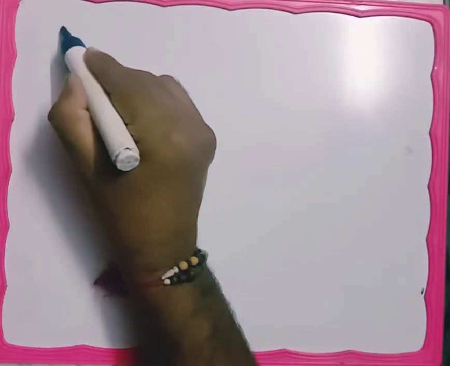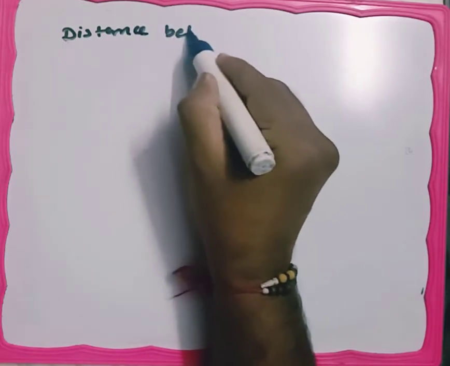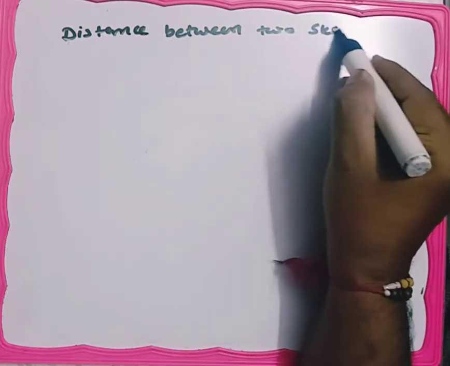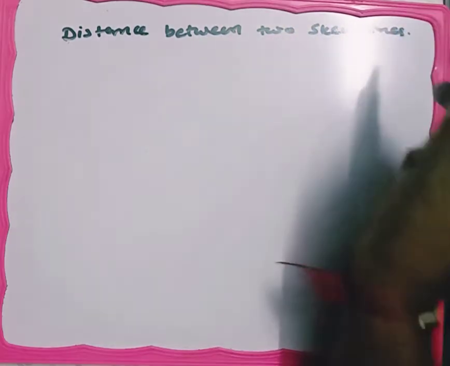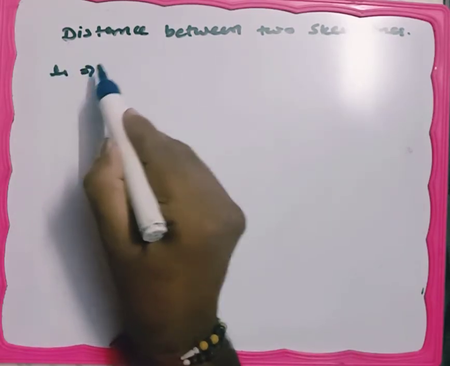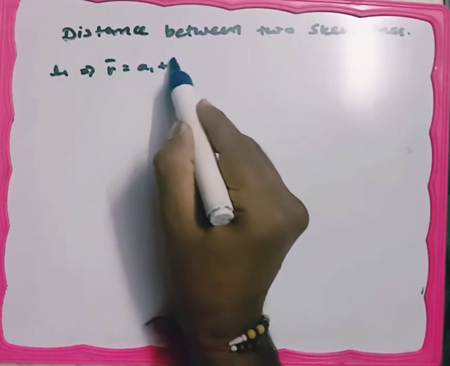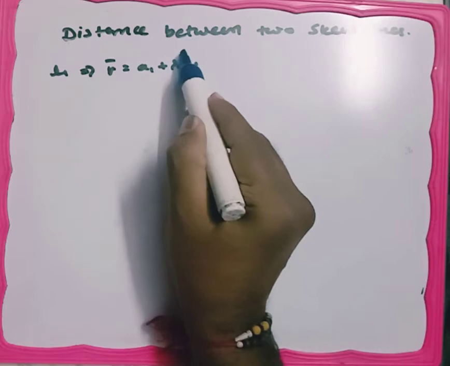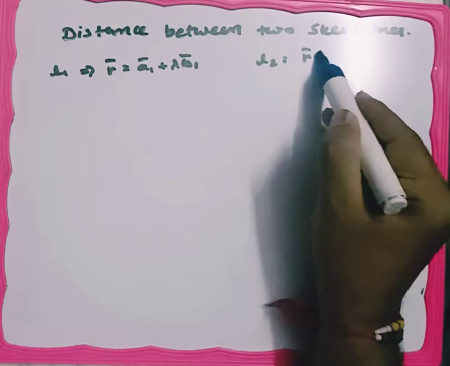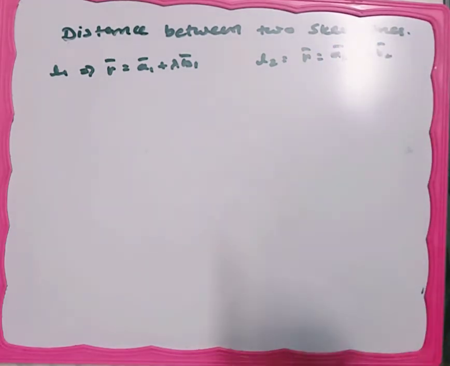Now we will study the distance between two skew lines. Let L1 be the line with vector form r bar equals A1 bar plus lambda B1 bar, and L2 the other line, r bar equals A2 bar plus lambda B2 bar.